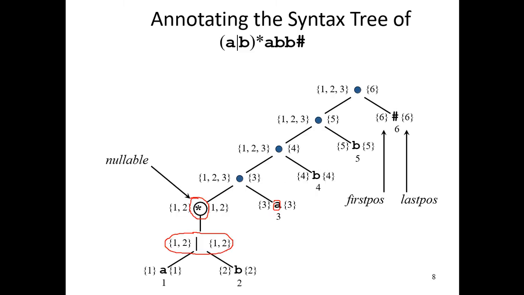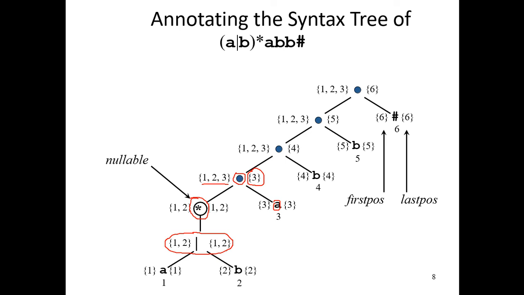So for this concatenation, the lastpos will be the lastpos of a, which is 3. For the firstpos, as the star symbol is nullable, it is the union of both of those. Hence the firstpos is 1, 2, and 3.